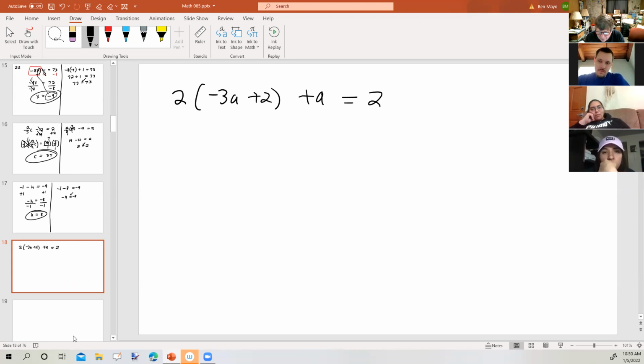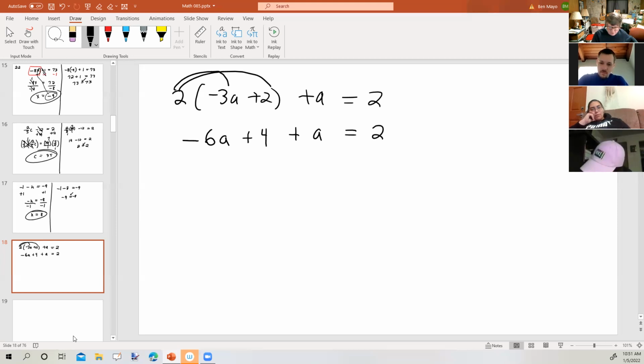So what I have to do is distribute the 2. So I'm going to get 2 times -3a, which is -6a, plus 2 times 2, which is 4, plus a equals 2. All right, we okay with that so far?